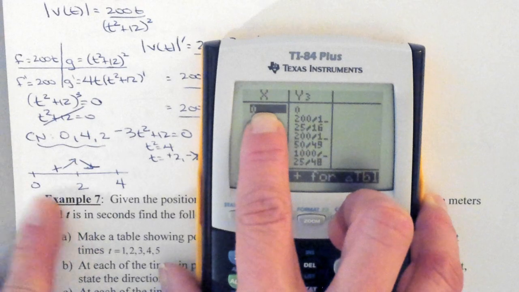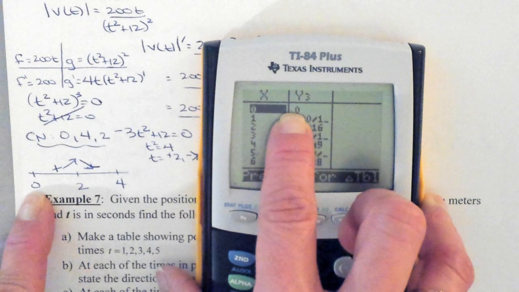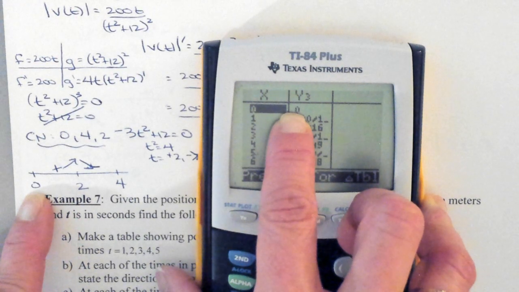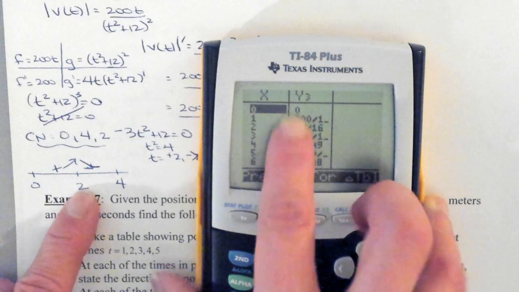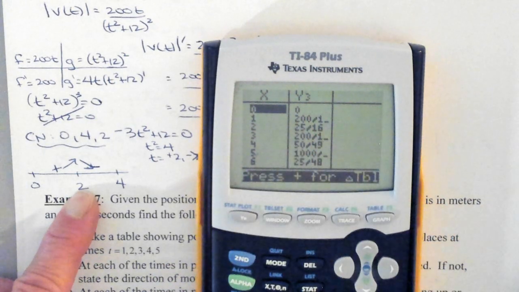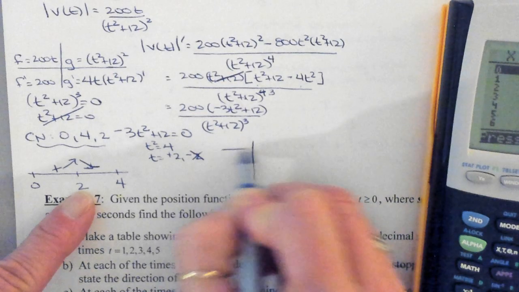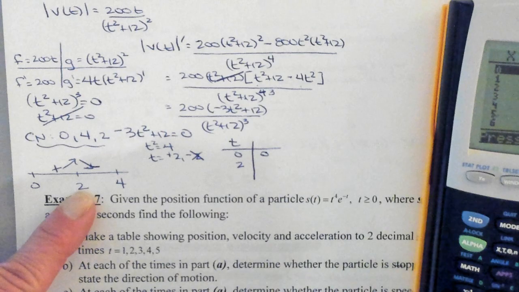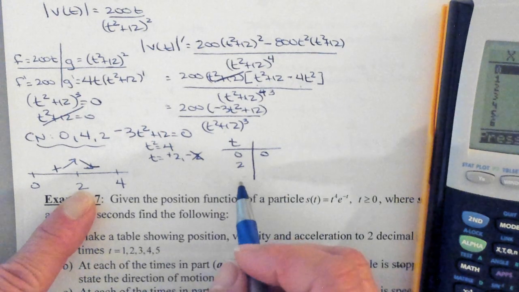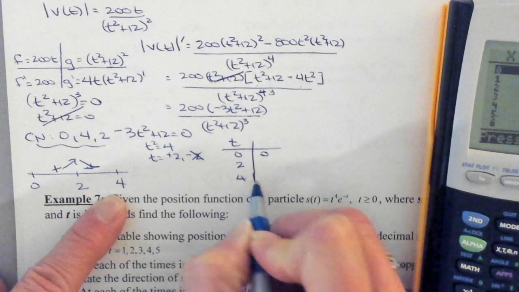At time 0, which is one of my critical numbers, I have a speed of 0. Does that really help me? I mean, if the particle's moving at a speed of 0, it's not moving. Okay, so then the next one was at time 2, which is 25 over 16, which I have to figure out what that is. So if I have time 0, we said is 0, time 2. So can someone calculate 25 over 16 for me? And then time 4.